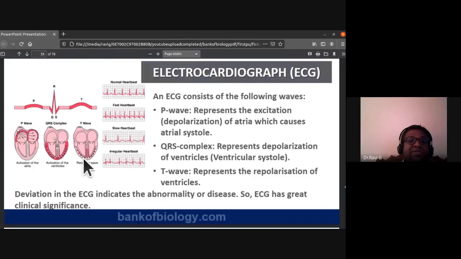T wave is nothing but the recovery wave. Deviation in the ECG indicates the abnormality or disease. So ECG has great clinical significance.